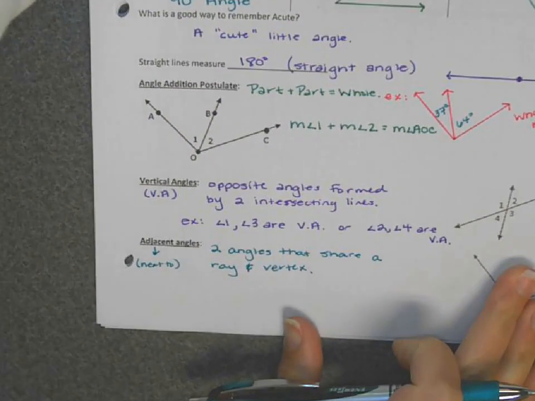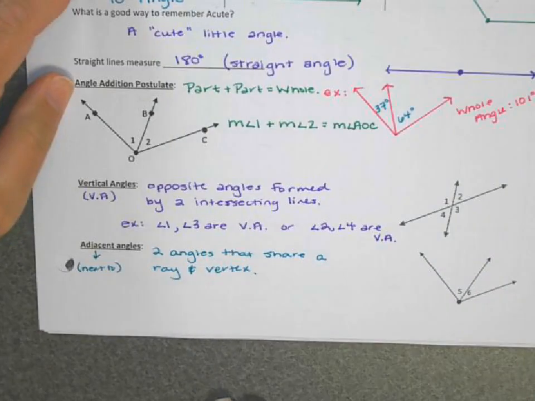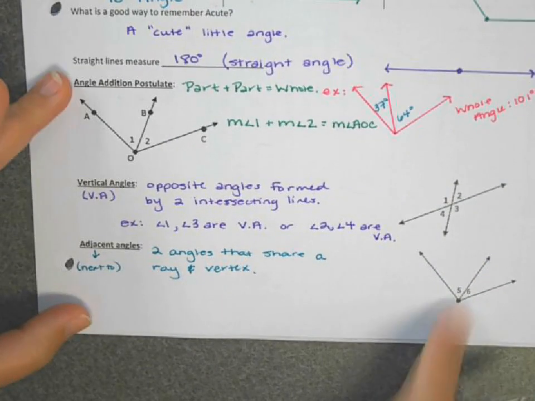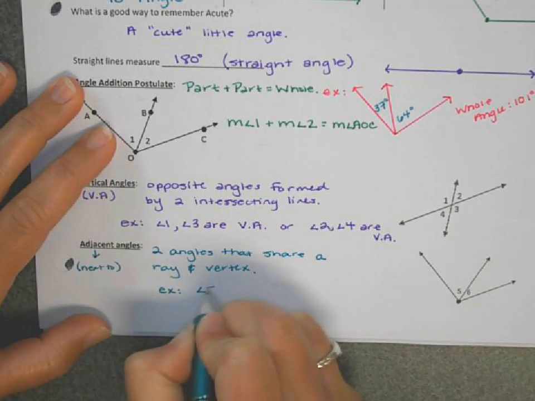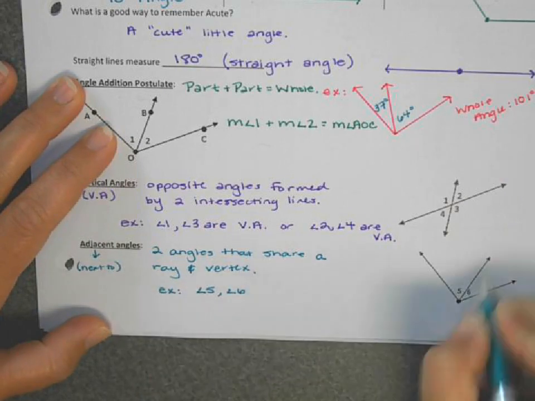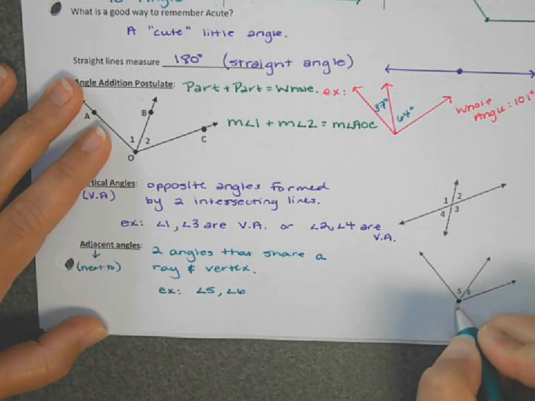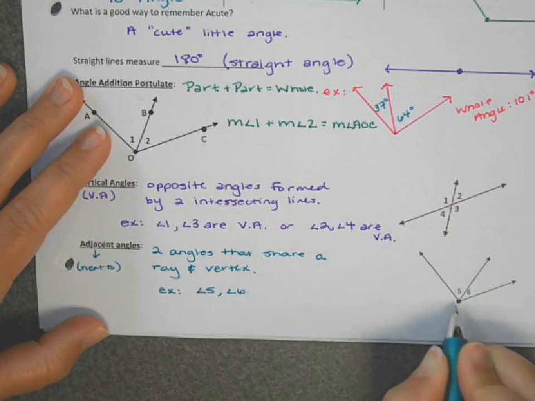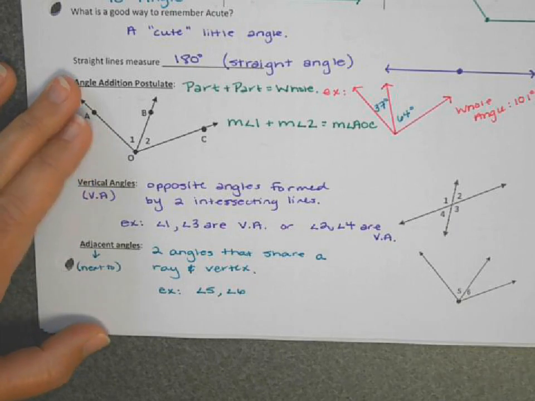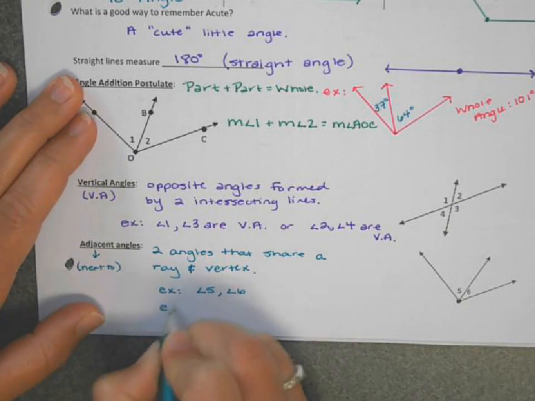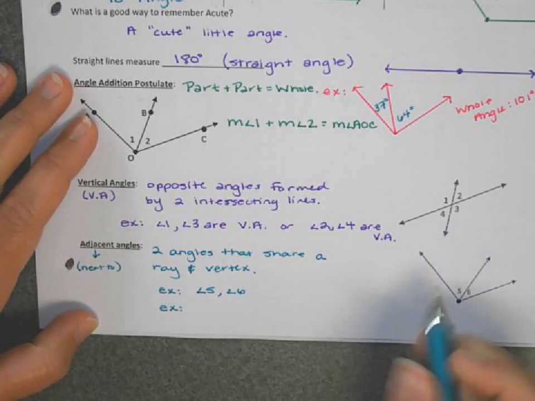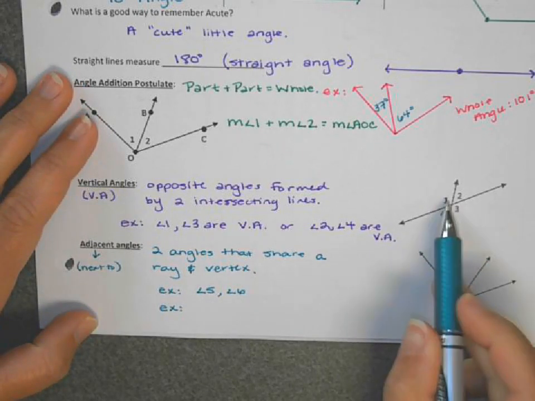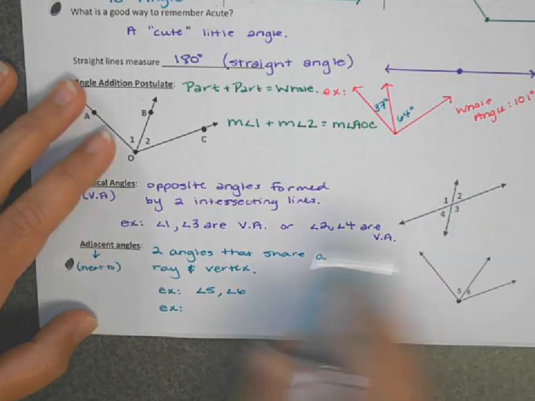So in our diagram off to the right, numbers 5 and 6. These are adjacent angles because this ray in between them is their common ray they share, and they have the same vertex. Okay. There are more examples between these two diagrams. Up here, 1 and 2 are also adjacent angles.